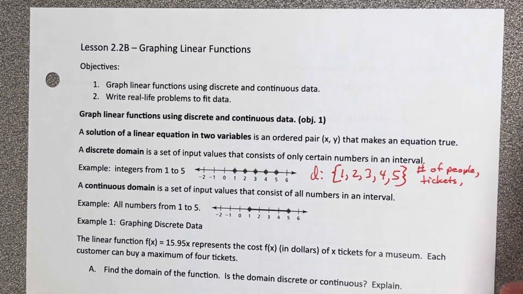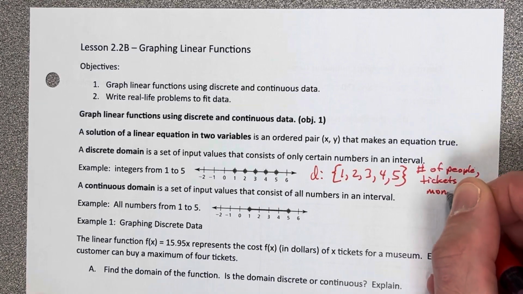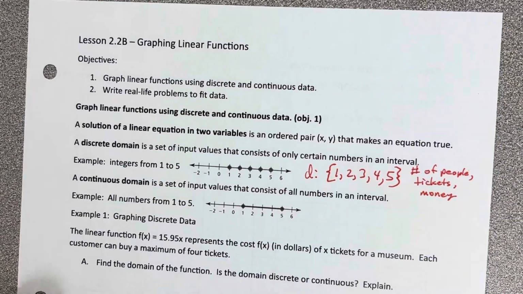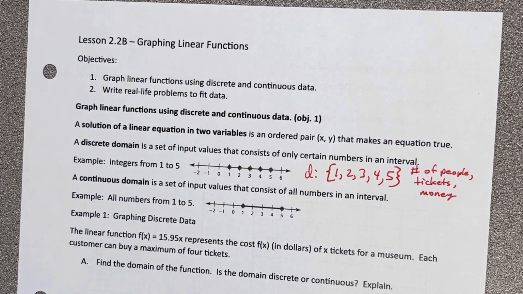It could be money. Technically, sometimes people will go half pennies and stuff, but typically people, tickets, money, that's all going to be discrete data where it's exact amounts. There's no fraction amounts is what I should get at.